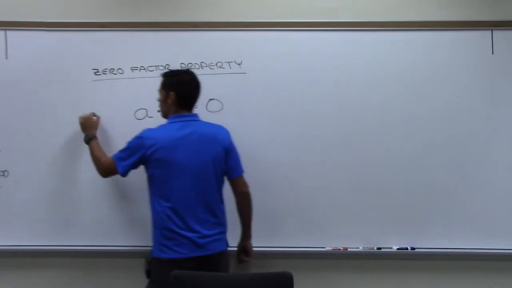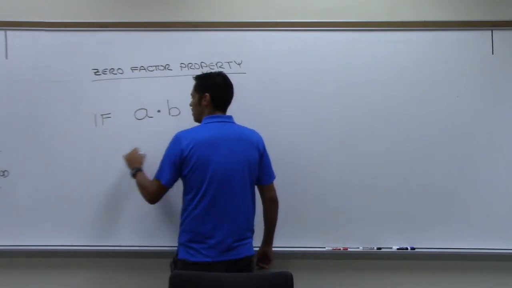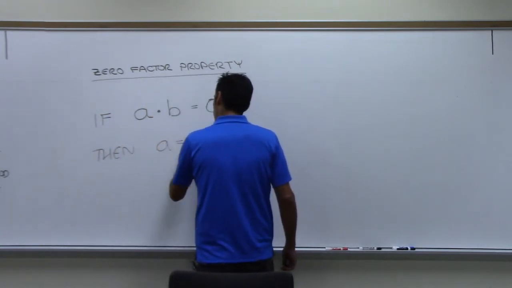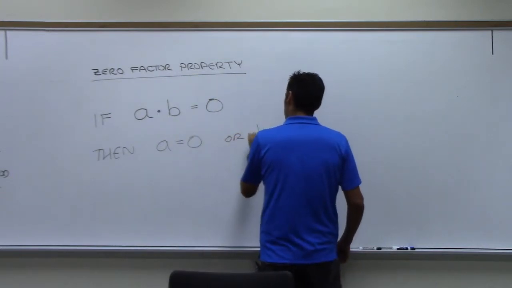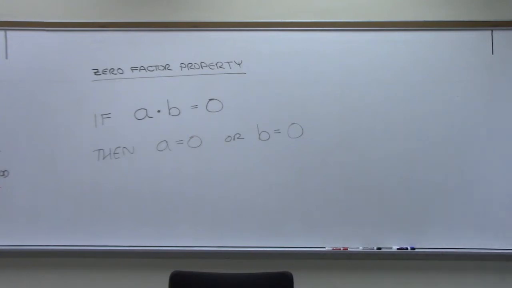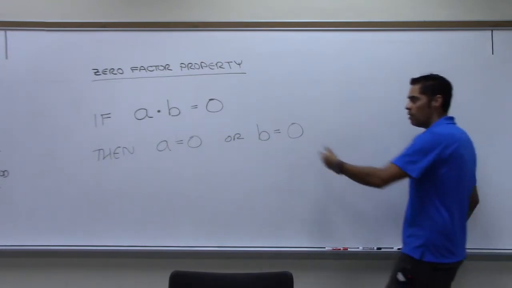So if A times B equals 0, then A equals 0 or B equals 0. One of the two has to be 0. There's no other way to do it. Can anybody try and come up with a way to make two numbers multiply to be 0 without one of them being 0?